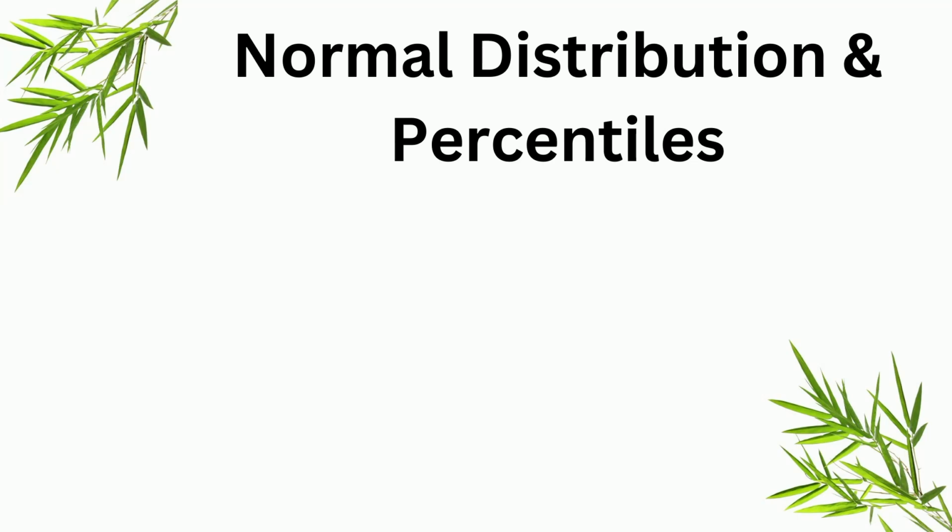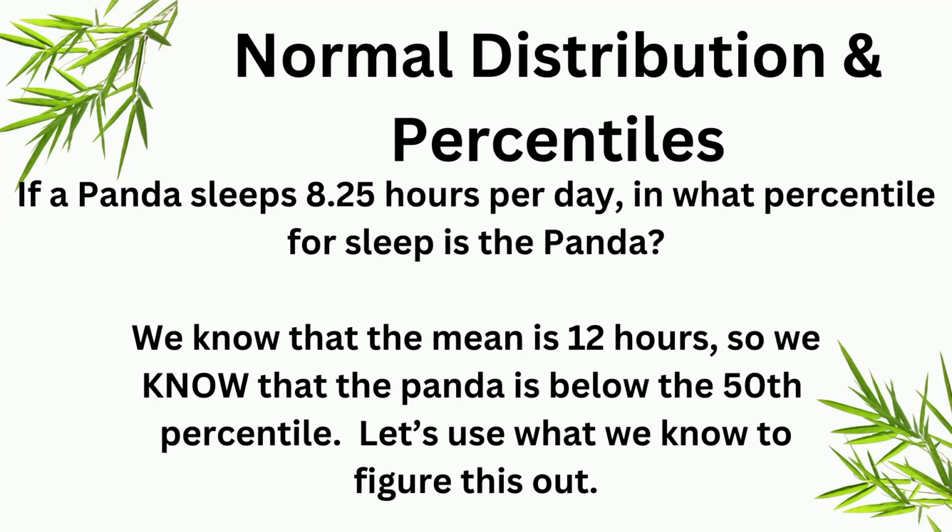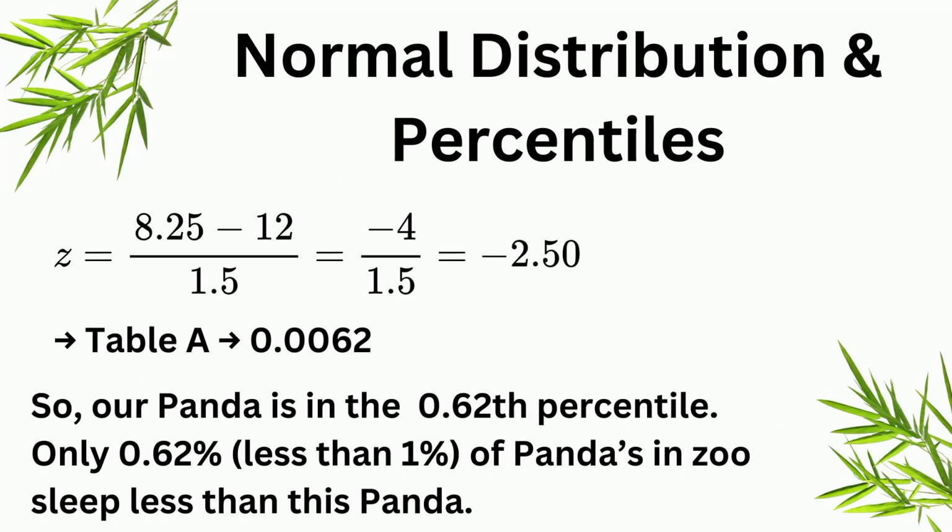Lastly, let's talk about percentiles. For example, if a panda sleeps for 8.25 hours a day, what percentile is that? Well, we can calculate the z-score for 8.25 hours and then use our Table A to find out the panda's percentile. So we take 8.25 minus 12, and then we divide that quantity by 1.5, our standard deviation, and we get a z-value of negative 2.5, which means that this panda is 2.5 standard deviations below the mean.